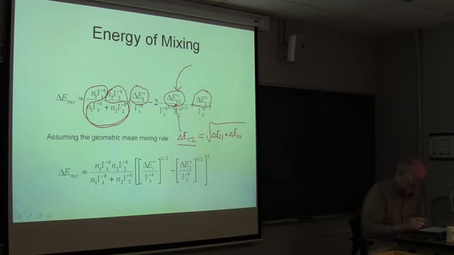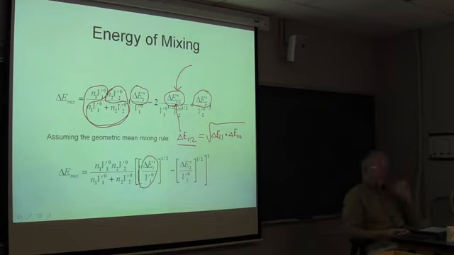The only thing we're dealing with is this, which is a property of just component 1, and this, which is a property of just component 2. And then the molar volumes of 1 and 2, and the number of moles of 1 and the number of moles of 2.